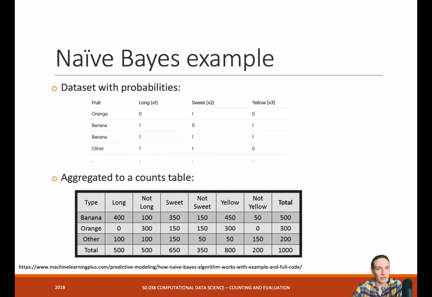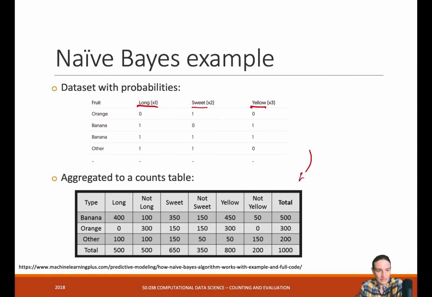Let's look at an example again. We have a data set here with probabilities. We have fruits: orange, banana, other, and we have features like is it long, is it sweet, is it yellow, etc. It's Bayes, so we need counts.